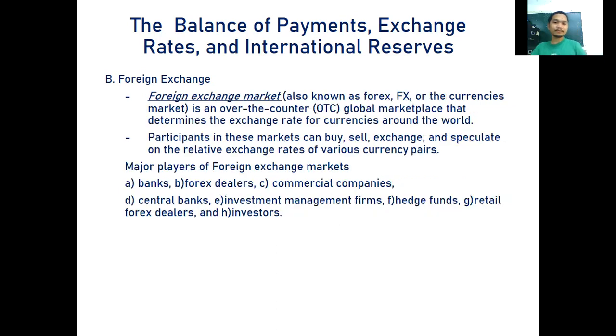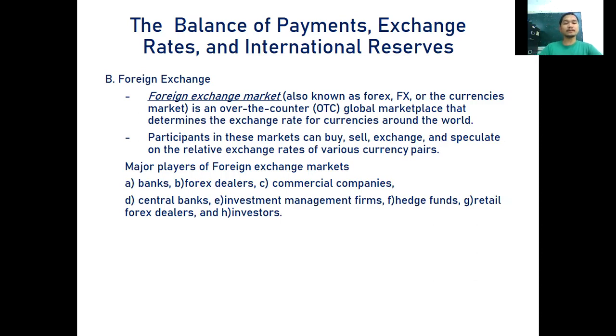The Forex market, okay, the foreign exchange market, also known as Forex, FX, or currencies market, it is an over-the-counter or OTC global marketplace that determines the exchange rate for currencies around the world. So participants in these markets can buy, can sell, can exchange, and can speculate on the relative exchange rates of the various currency pairs.